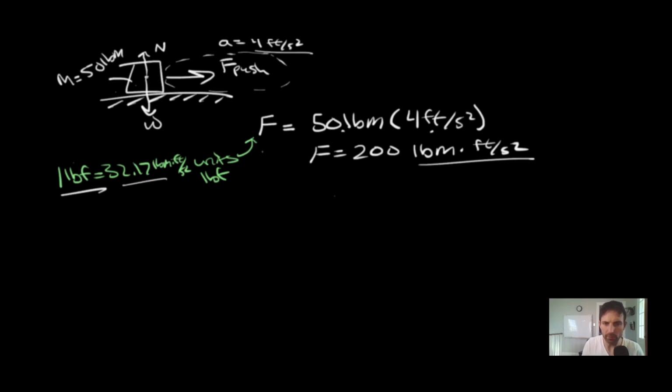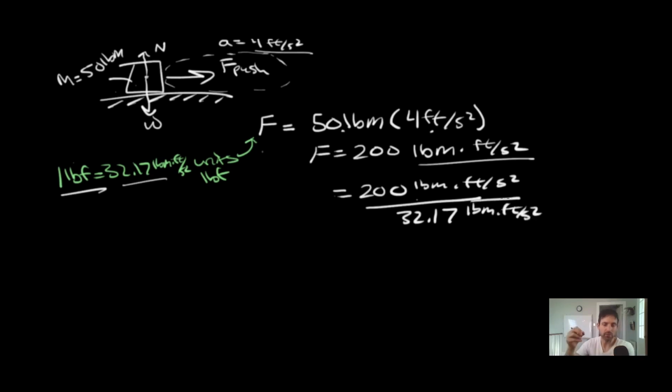So now it's going to be 200 pound mass times feet per second squared over 32.17 pound mass feet per second squared, because I want to know how many pound forces are in it, right? So that's divided by 32.17, and our force being applied is 6.22, if you round it, pound force.